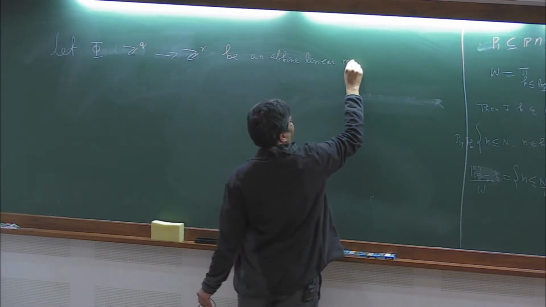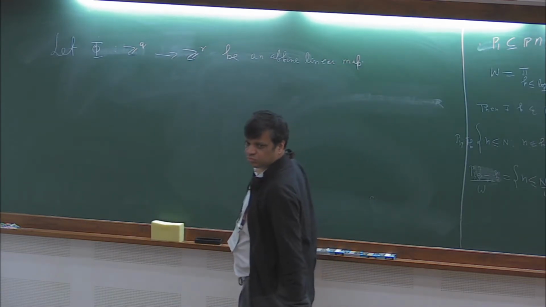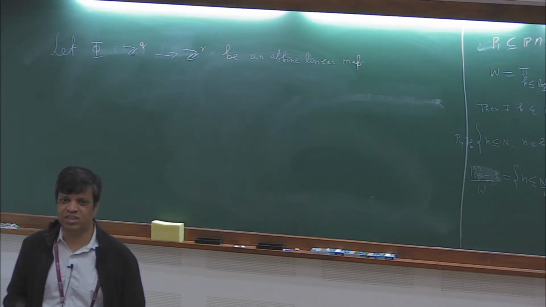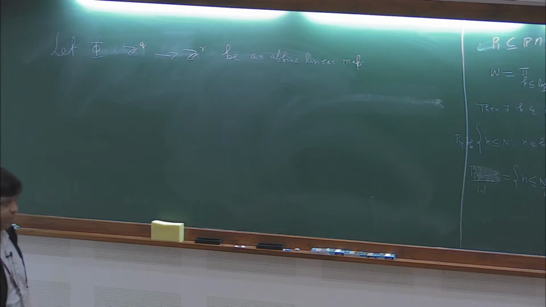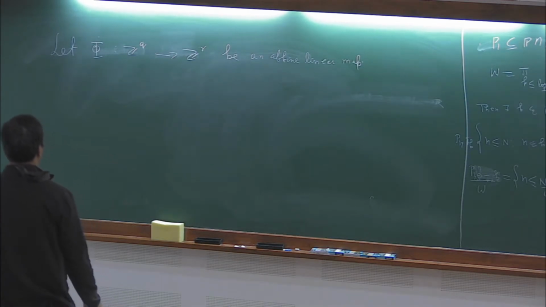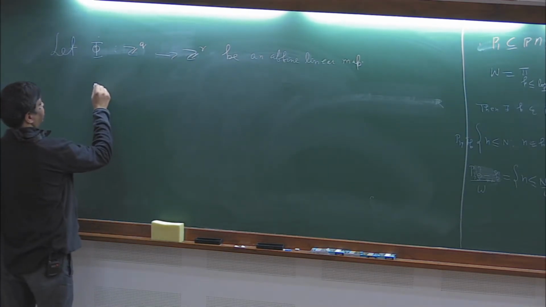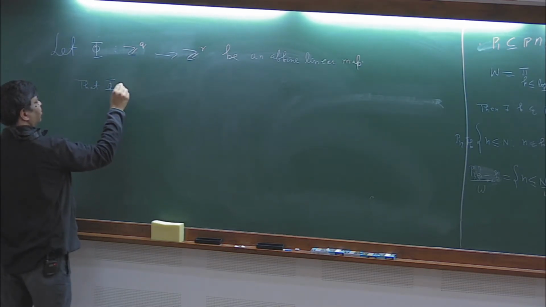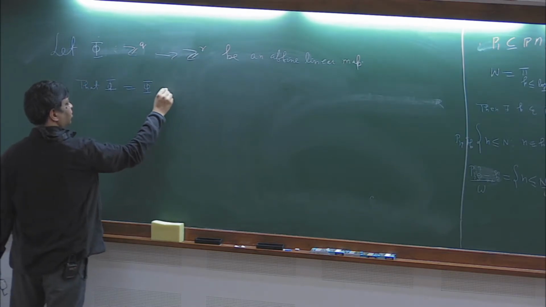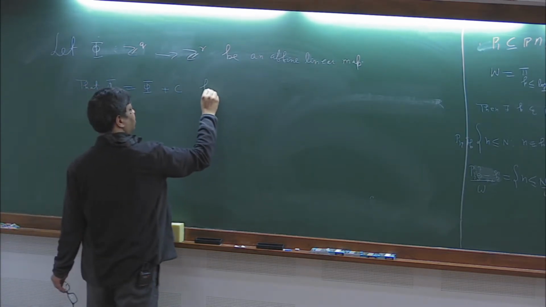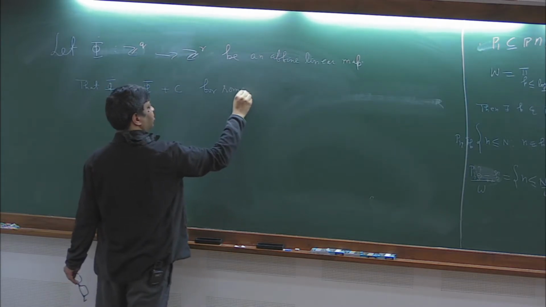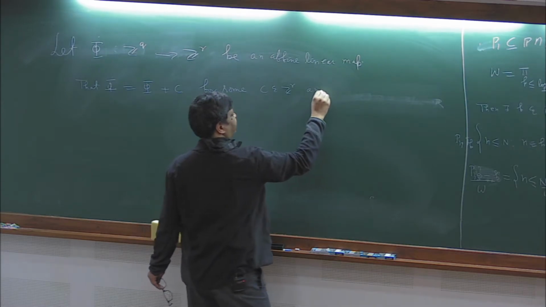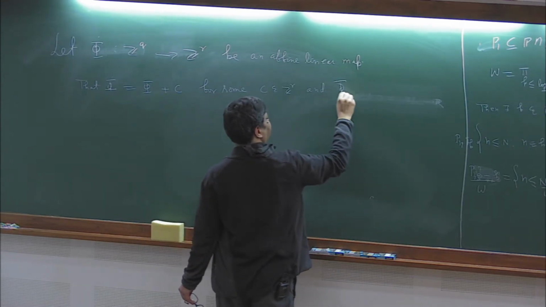Be an affine linear map. Okay, what do I mean by affine linear map? It is just a translation of a linear map. So that is, for some c belonging to Z to the R, and phi linear.